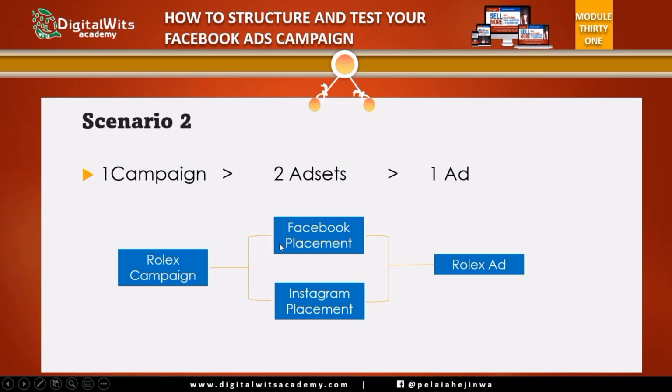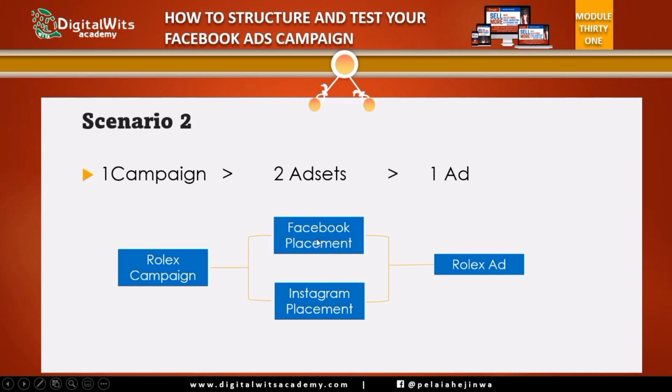Because when you run Facebook ads using Facebook and Instagram on the same ad set, combined together, Facebook will favor ads that are going to be shown to people on Facebook more than the ones shown to people on Instagram. So you will not be able to determine which of the placements is doing well.